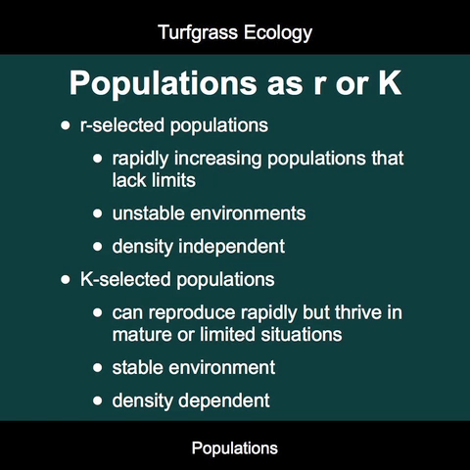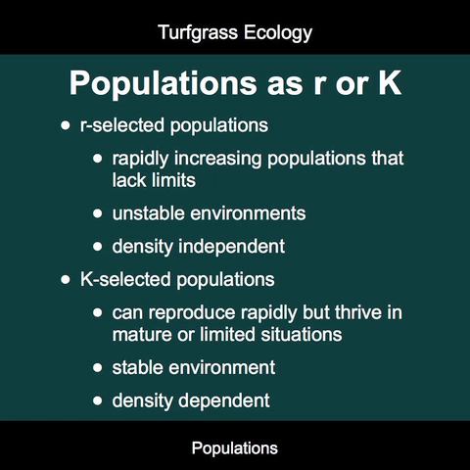The logistic equation components, rate, or r, and the carrying capacity, or K, can be used to describe populations. For example, r-selected populations would be plant populations that increase rapidly and lack limits, which would be the case in open areas where little if any competition exists.